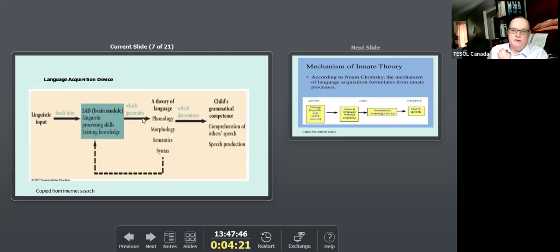This then translates and generates a theory of language: phonology, morphology, semantics, and syntax. It can loop back around to go into this box again and now become existing knowledge and go through the process again, ultimately coming out determined as the child's grammatical competence and the comprehension of other speech to give us speech production.